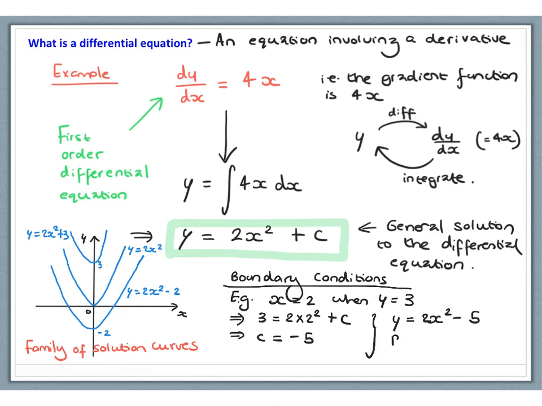And this is called a particular solution. The boundary conditions have allowed us to identify which of the solution curves is the actual answer to our question, but again, only for this specific set of boundary conditions.